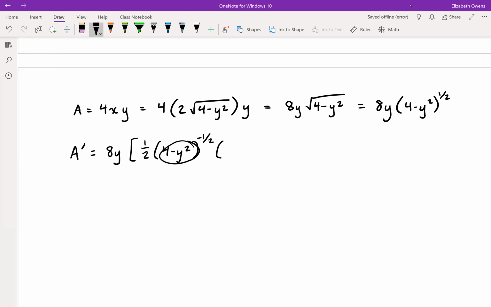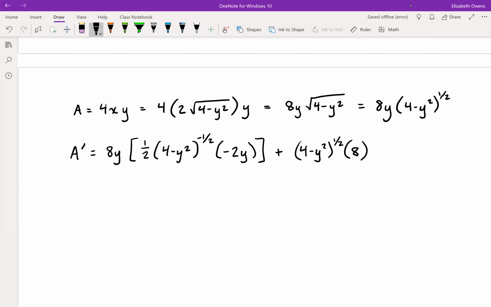Okay, so that'd be the derivative of 4 minus y squared, which would just be negative 2y to the first. Okay, so there's our first function times the derivative of the second plus our second function times the derivative of the first, which is just going to be 8.